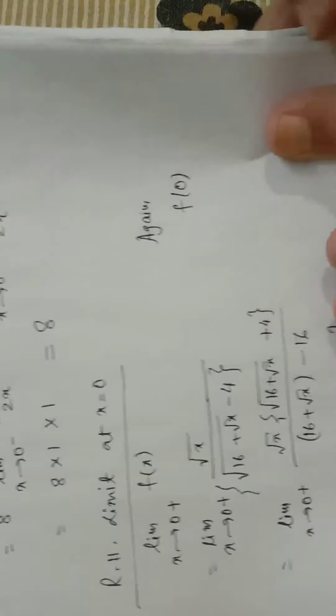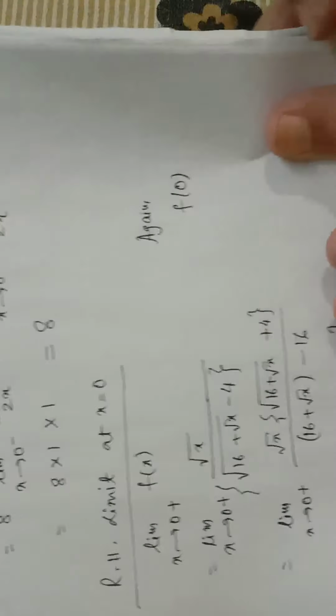So at x equal to a, limit x tends to a minus f of x is limit of x minus box of x. Now think in this way. Box of x means the greatest integer function. X tends to a minus means x is just less than a. Take an example, limit x tends to 3 minus box of x.